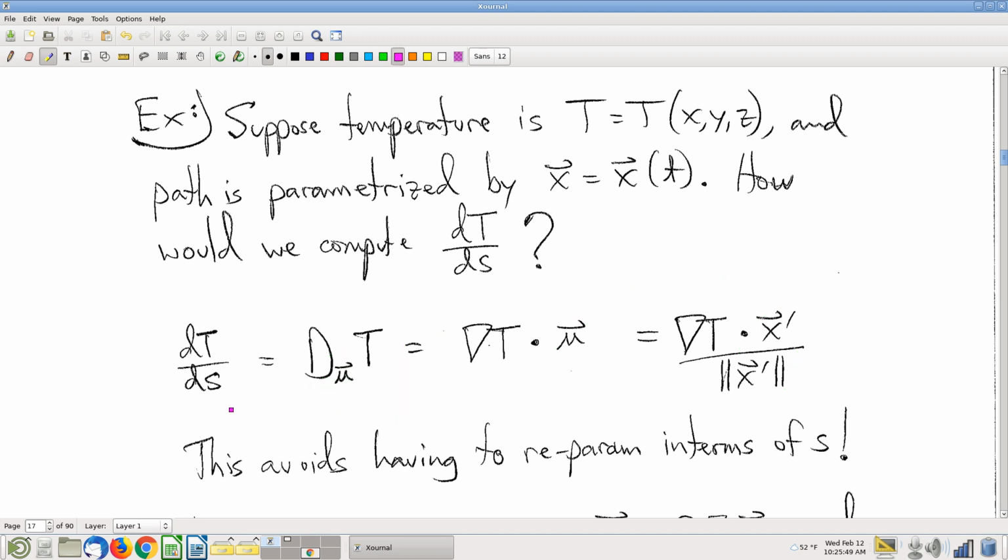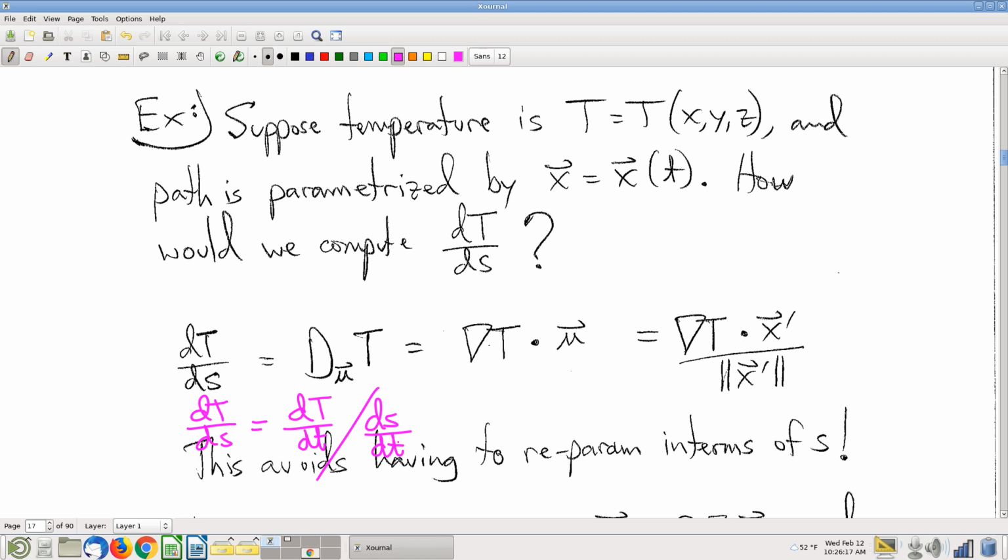Alternatively, you could also instead write dT/ds is equal to dT/dt divided by ds/dt.